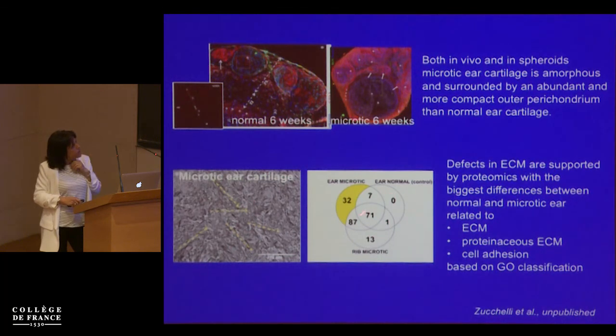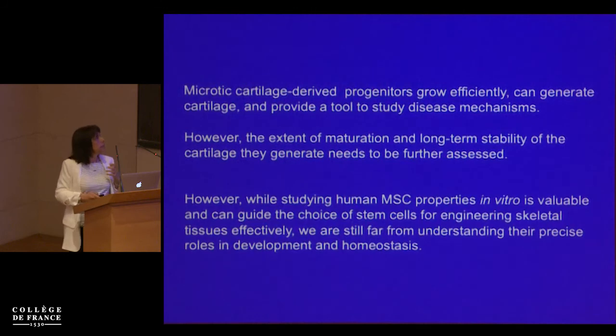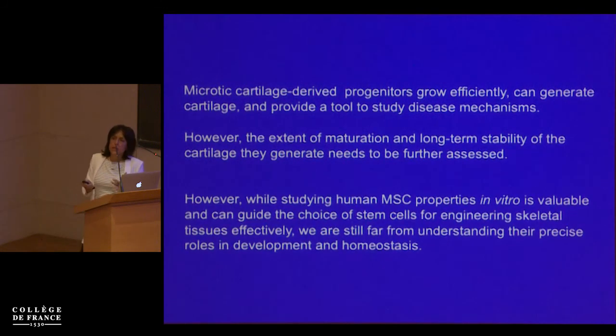So we did proteomics analysis to see what was different between the microtic ear, the normal ear, and the rib cartilage. And we identified quite a number of genes that support the idea that changes in the extracellular matrix are really important. To summarize, microtic ear cells grow efficiently and can generate cartilage, so they can certainly provide a good system to study mechanisms of disease.